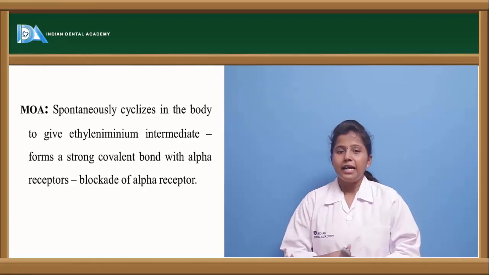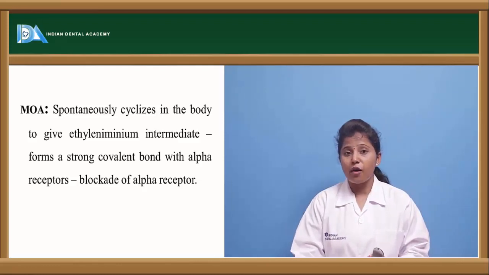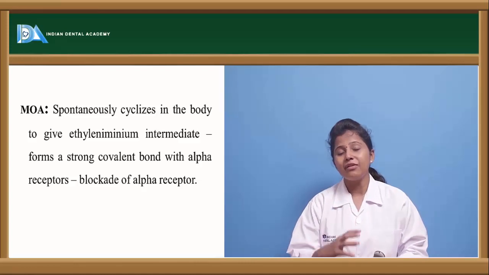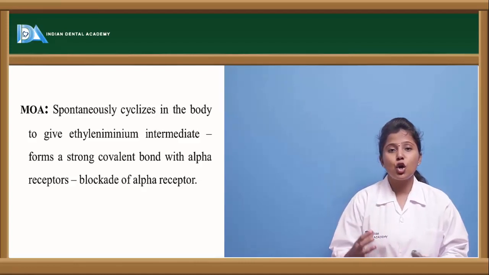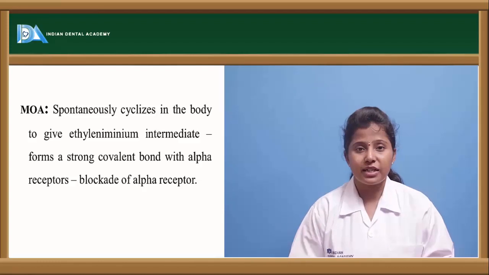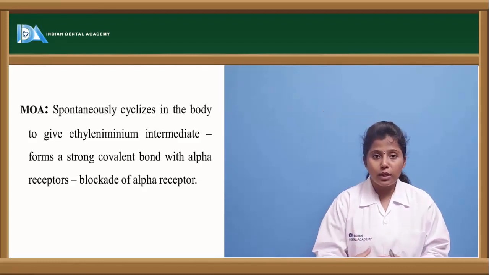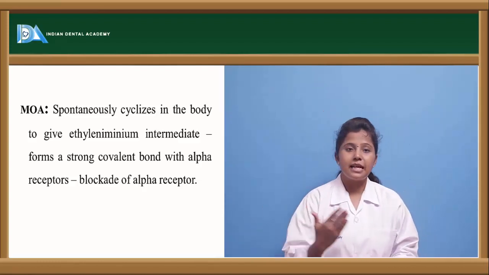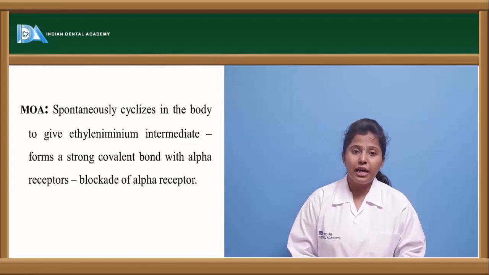Because of this intermediate, it has the capability to show strong bonding with the alpha receptors. It forms a strong covalent bond with the alpha receptors, and thereby the alpha receptor blockade takes place.